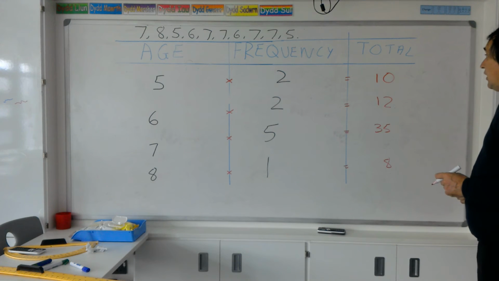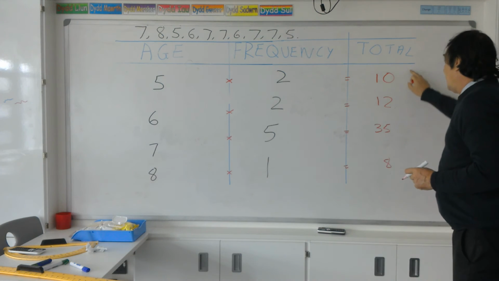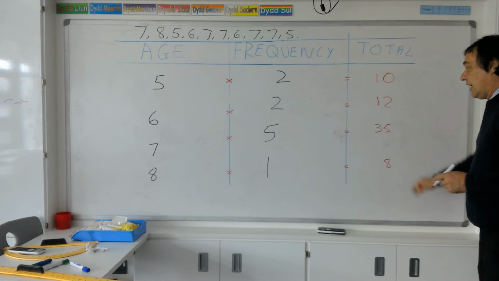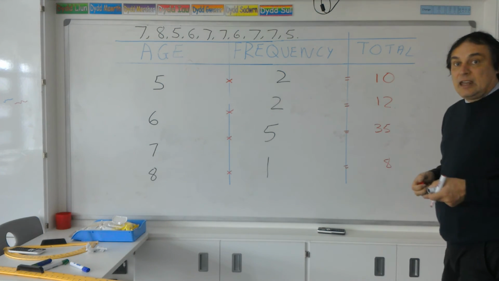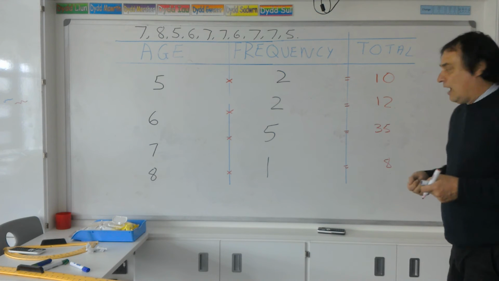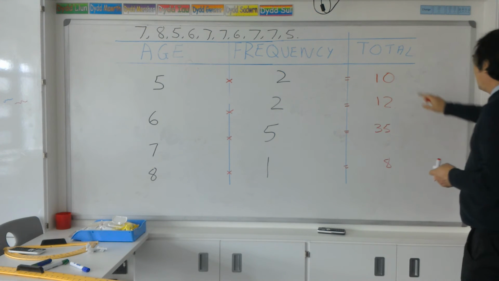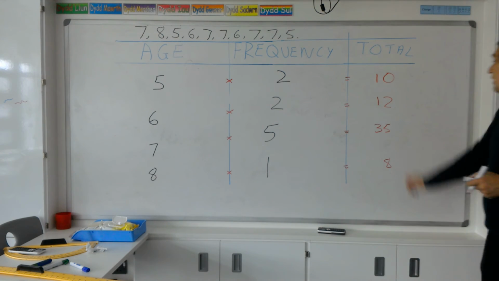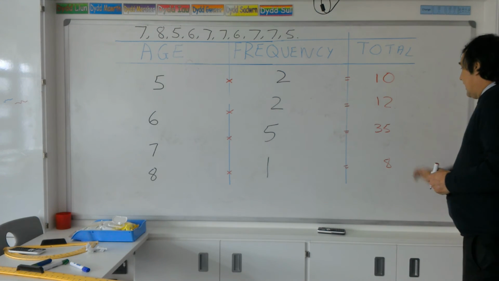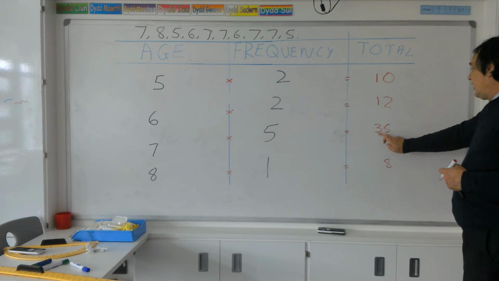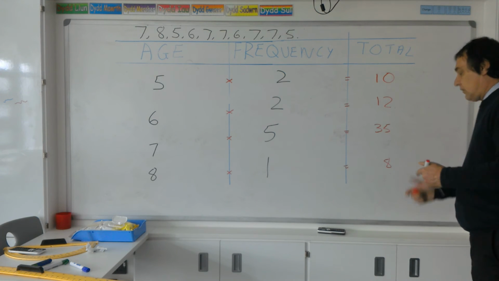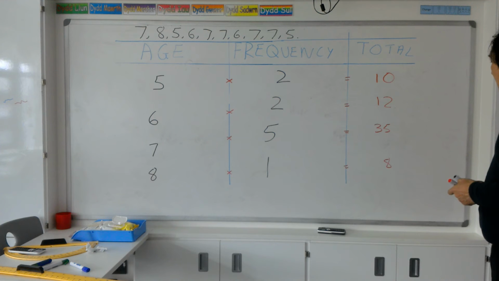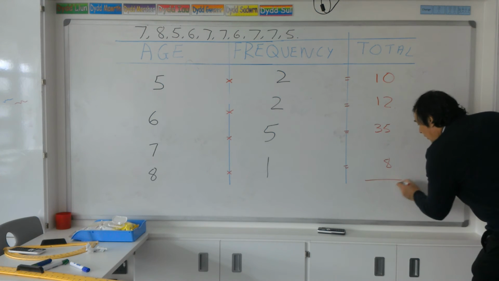The next thing we're going to do is we're going to add up these totals here, and that will tell us how many years all the children have between them together. Right, so it's going to be 10 and 12 give me 22, and another 35 gives me 57, and then we've got 65.